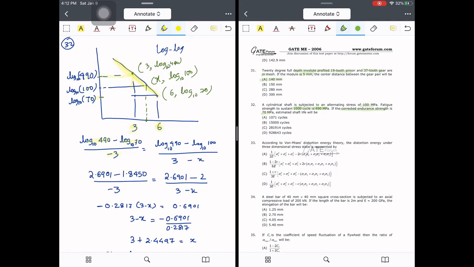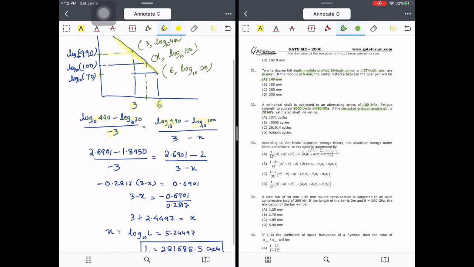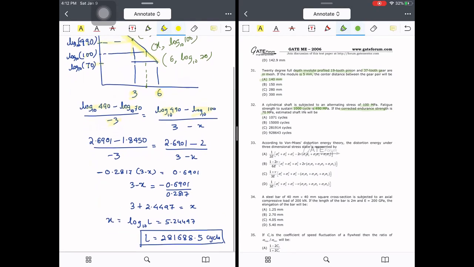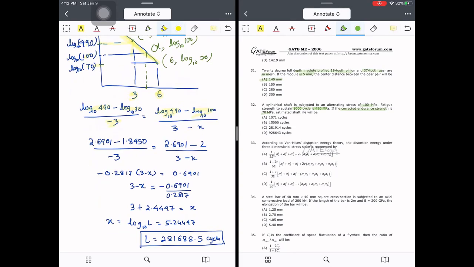So if I take a straight line, the slope will be the same. That means log 490 minus log 70 divided by 3 minus 6 is the same as log 10 490 minus log 10 100 divided by 3 minus x. So we only need to calculate the value of x.